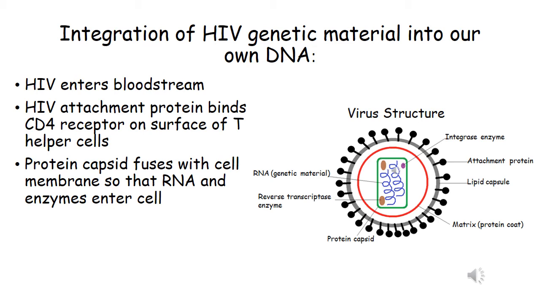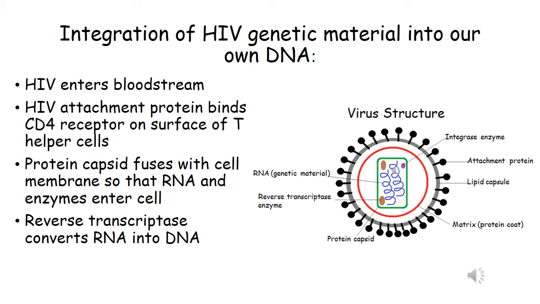Once the enzymes, the reverse transcriptase and the integrase, along with the genetic material, are inserted into the cell, the genetic material can be inserted. The first step of this is to use reverse transcriptase to convert the RNA into DNA. Transcription is normally when DNA is converted into RNA, so reverse transcription is the opposite way around: RNA is converted into DNA.